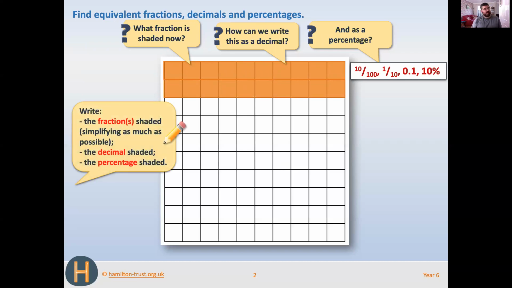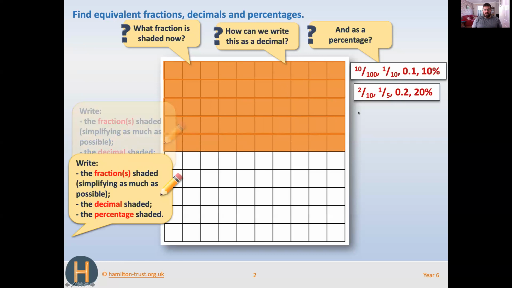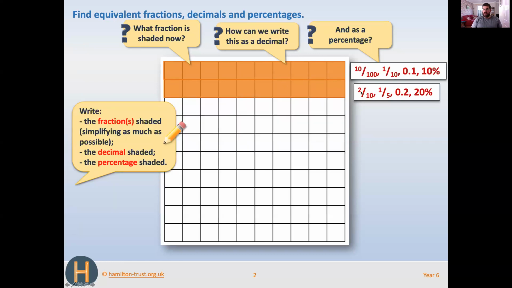Fractions, decimals, percentages. 20 out of 100, so 20/100ths, 20%, or instead of 20/100ths, 2/10, or boom, 1/5, and it means 0.2. Okay, great. Sorry, I'll just go back there actually, shouldn't have gone forward, but this is useful to know. 1/5 is the same as 0.2, which is the same as 20%. You might just remember that, and if you do, good.